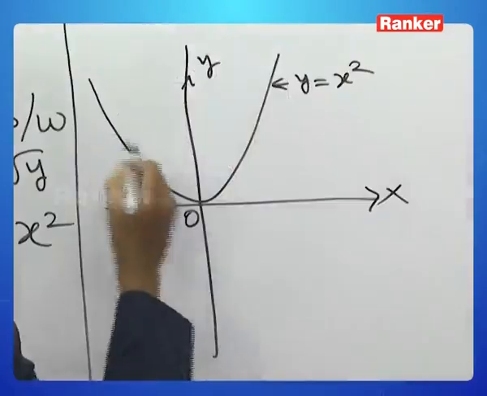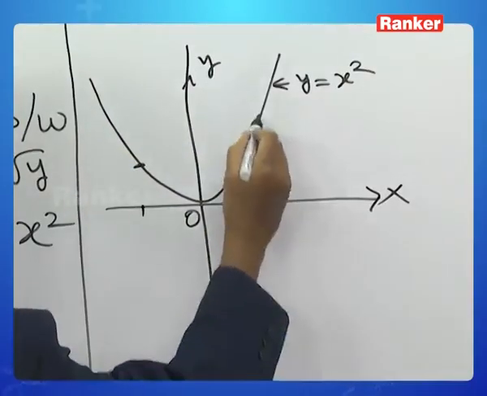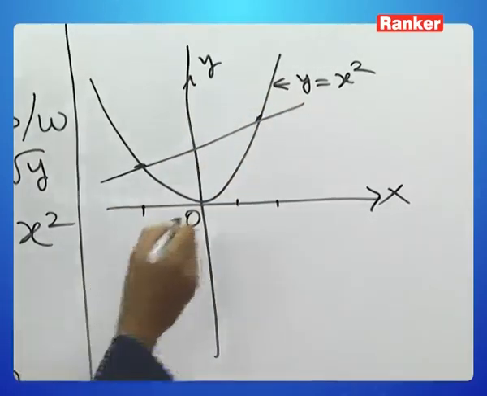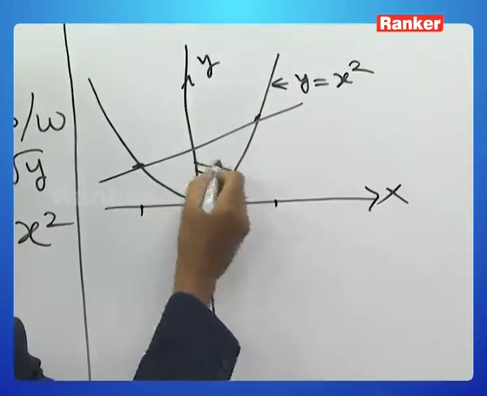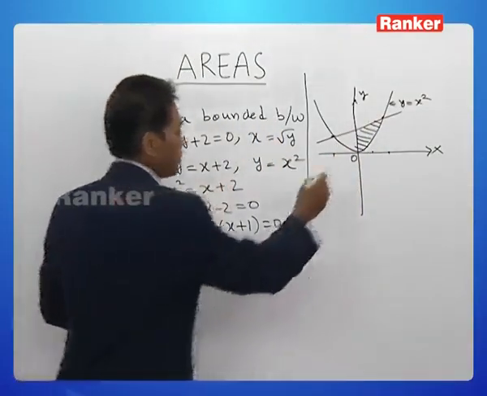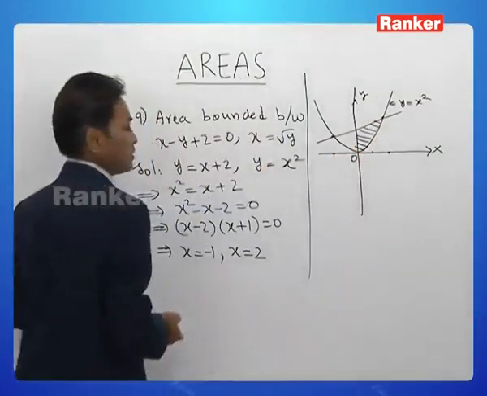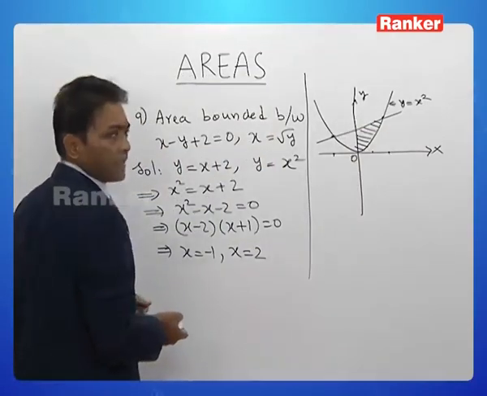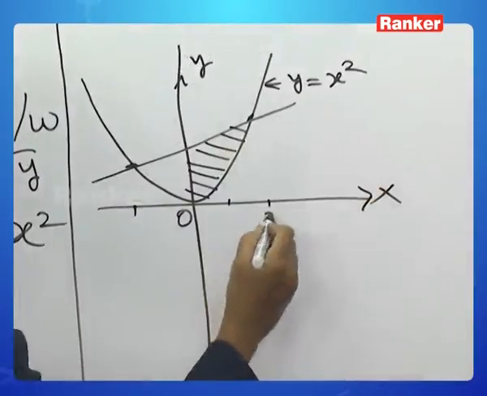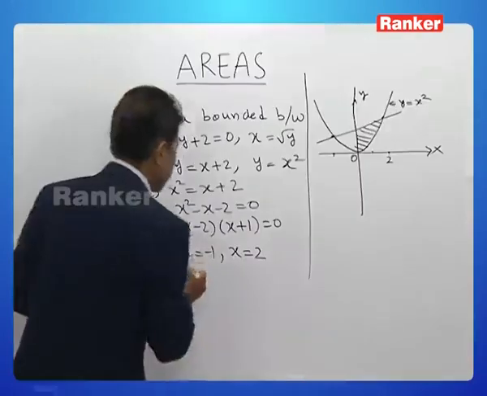So, approximately minus 1 and 2. So, the line is like this. Now, the required area, because it is given root y, only positive curve we get, right? X cannot be negative. So, I am taking only from here to here, that is 0 to 2 only. So, let us try to find this area.